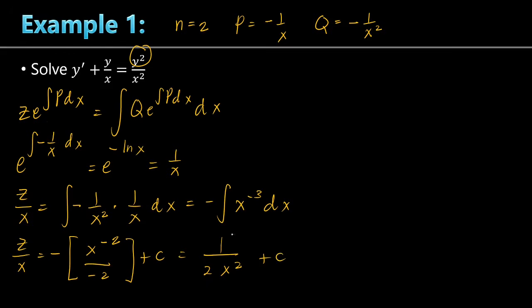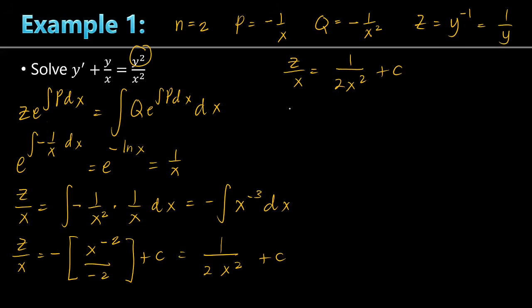Okay. Now, I'll just copy this. z over x equals 1 over 2x squared plus c. And now, using back substitution, I can bring back the original variable y because z is equal to y raised to 1 minus n, or y to the negative 1, or simply 1 over y.